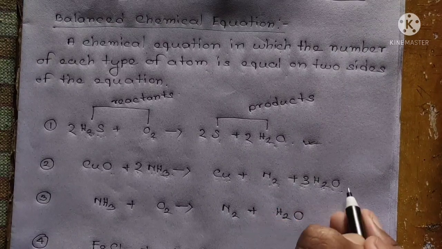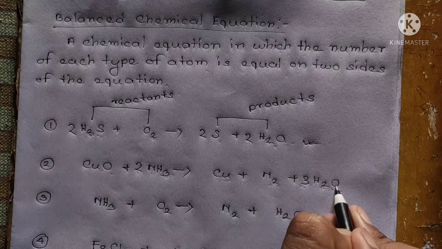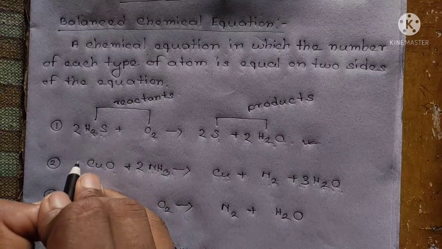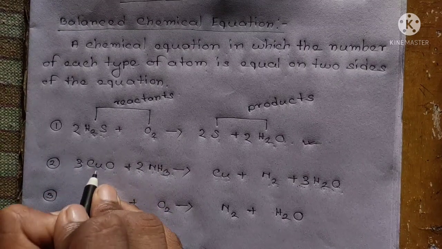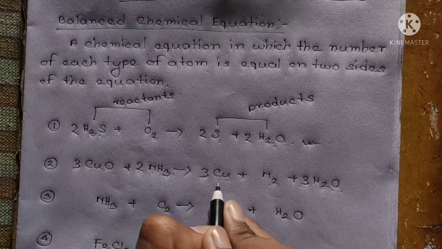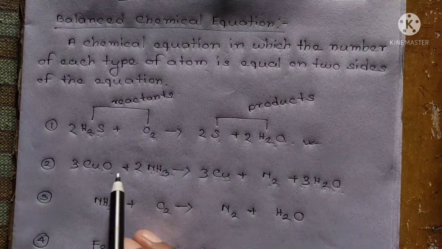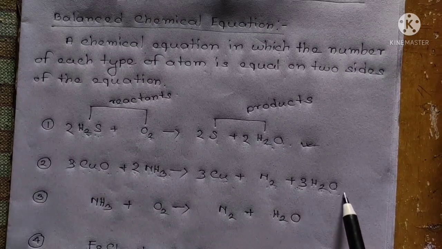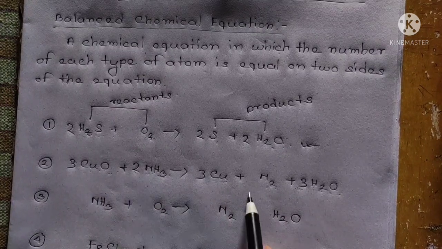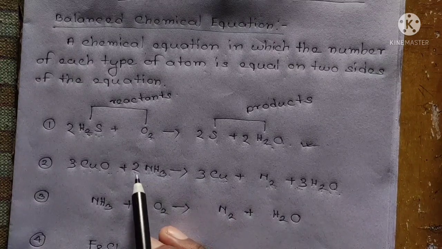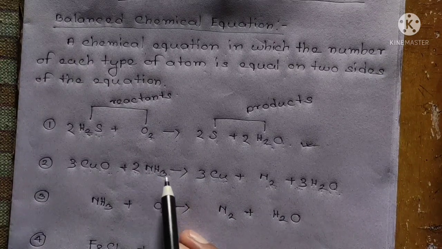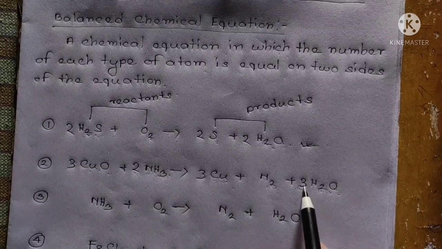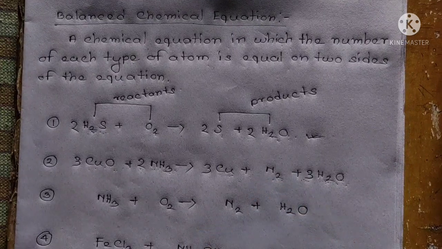Now oxygen becomes 3, so we have to multiply cuprous oxide by 3. Now copper becomes 6, so we multiply copper by 3. Now see the full equation: 3 Cu, 3 Cu, 3 oxygen, 3 oxygen, 2 nitrogen, 2 into H3 means 6 hydrogen, and 3 into H2 means 6 hydrogen. So this is a balanced equation.